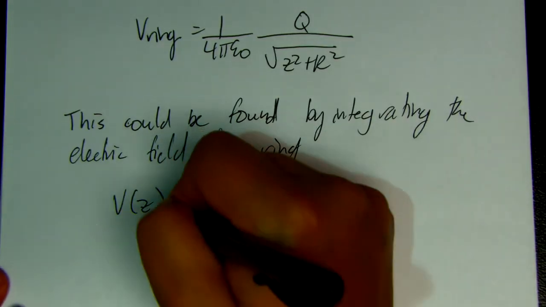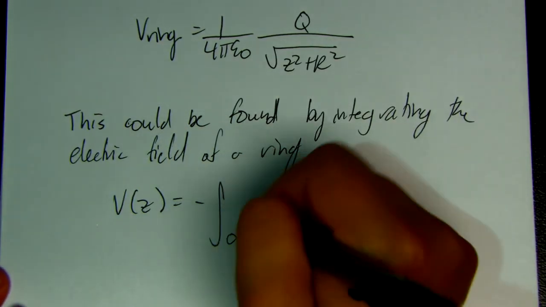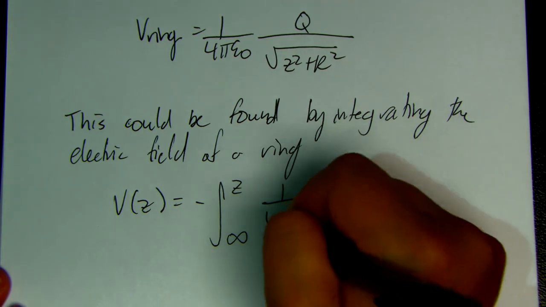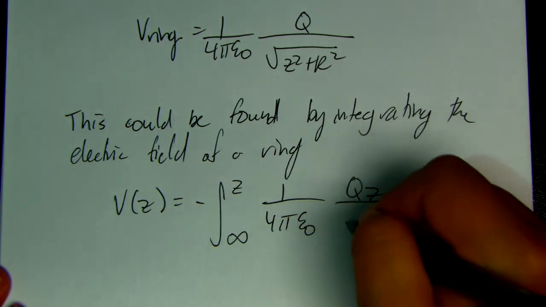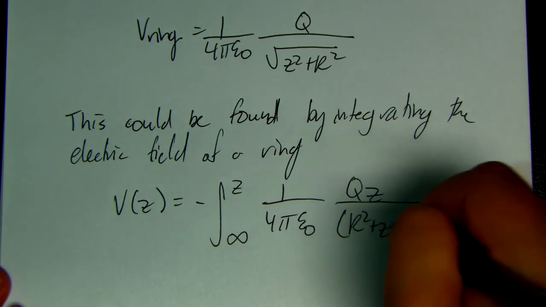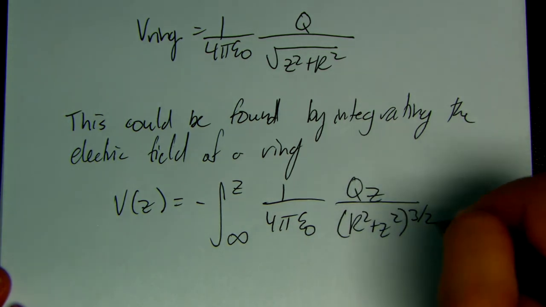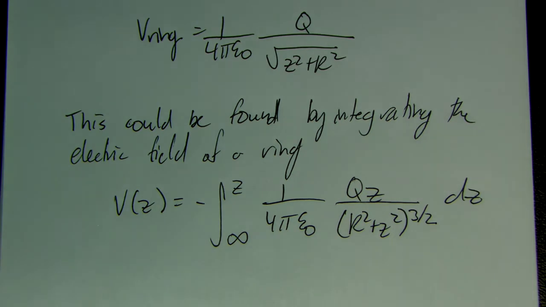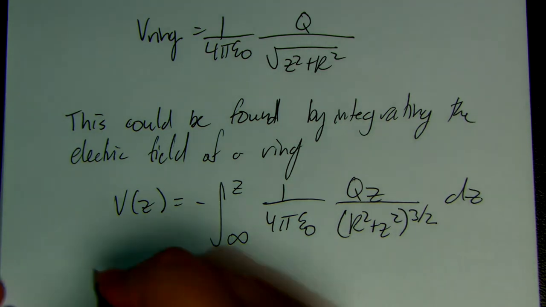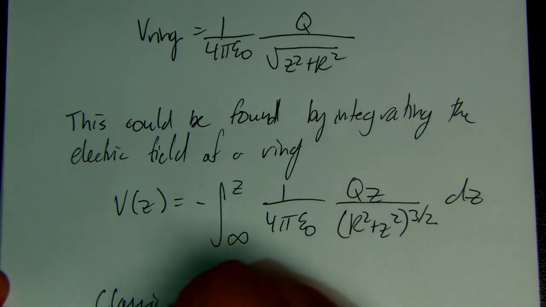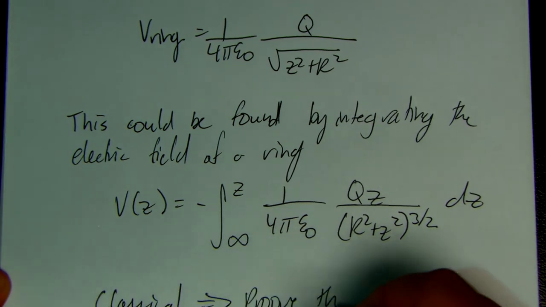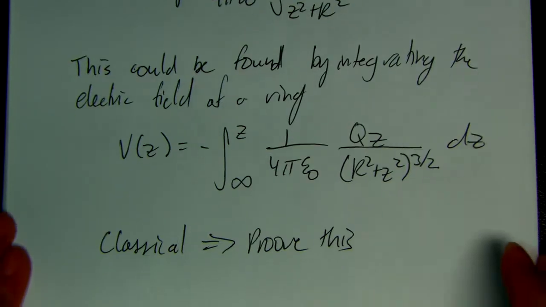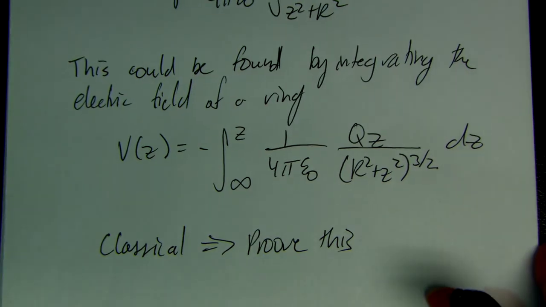V of z is equal to minus the integral from infinity to z of 1 over 4 pi epsilon naught, Qz over (R squared plus z squared) to the 3/2, dz. A classic. Prove this, find out for yourself.